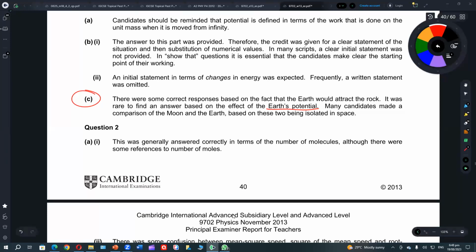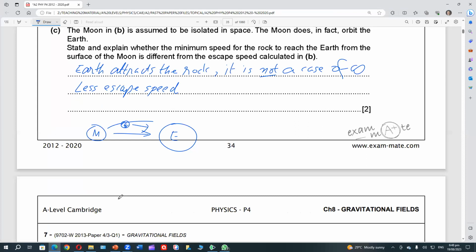So that's a point. This is the benefit of referring to the potential, which is not zero.